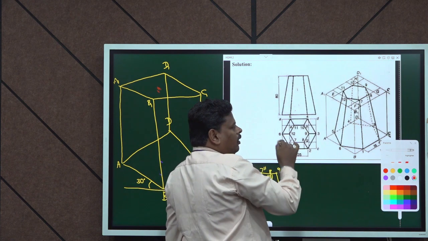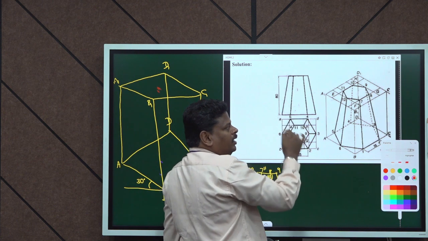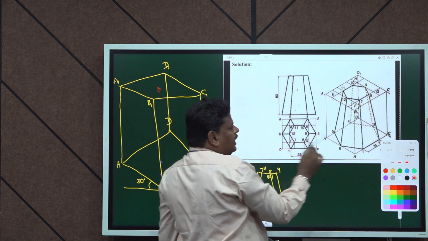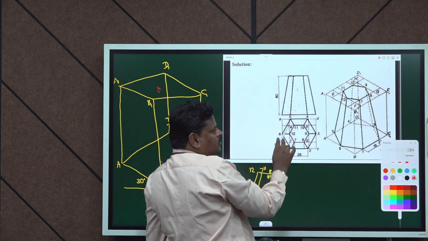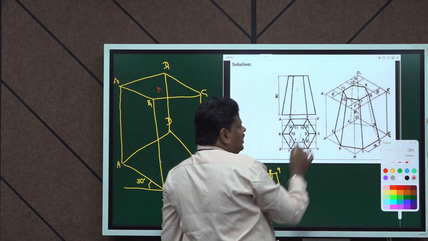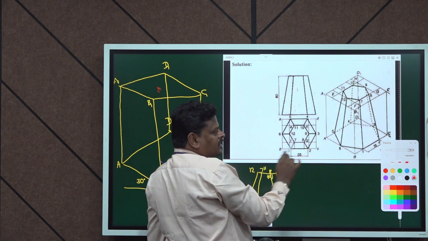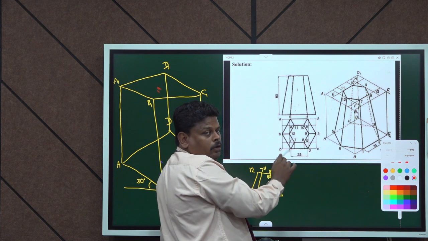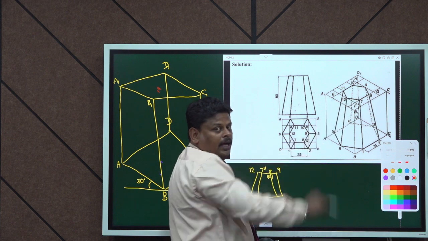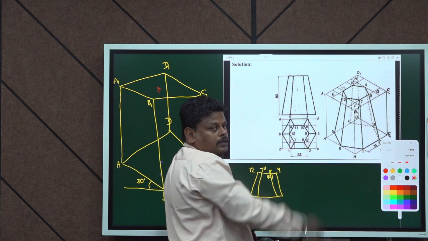There we again draw horizontal and vertical projection lines. How E divides the line EH over here, accordingly it divides here. Similarly, how FG divides in this top view box, accordingly FG will divide in the isometric top box.